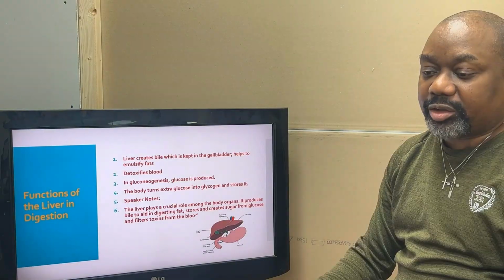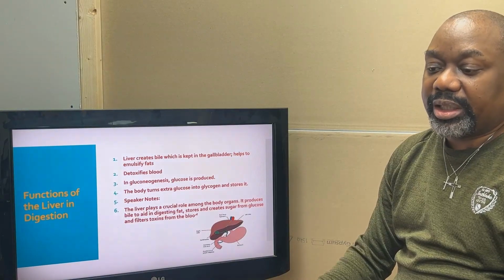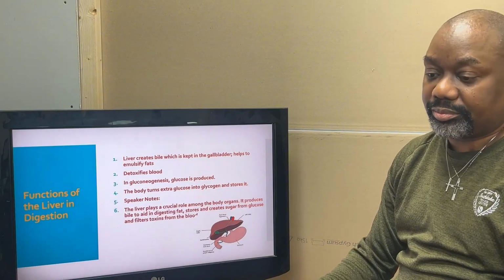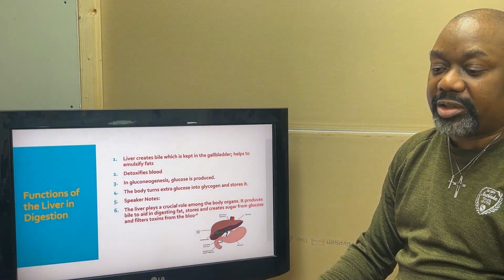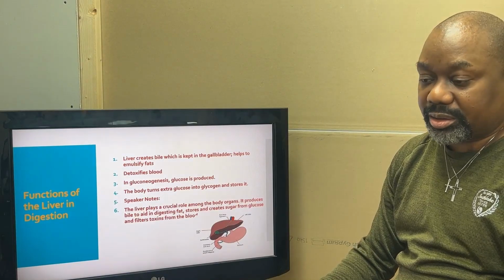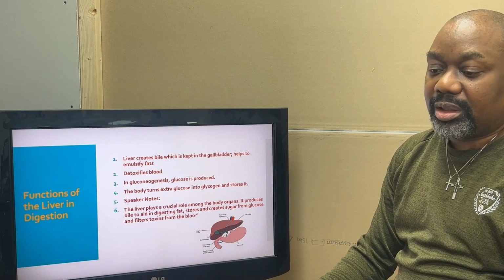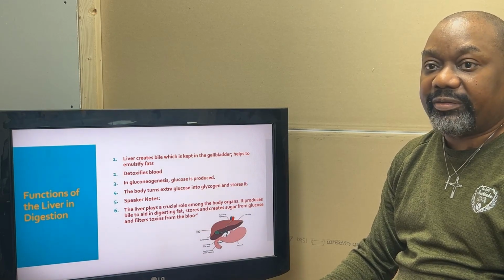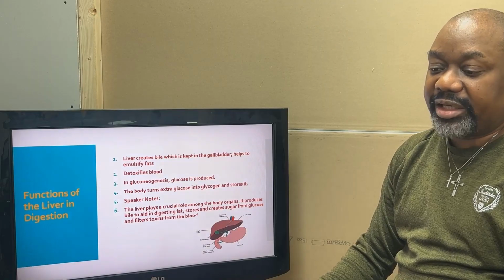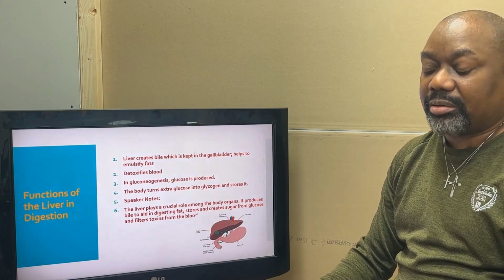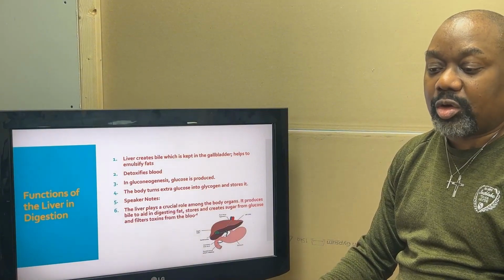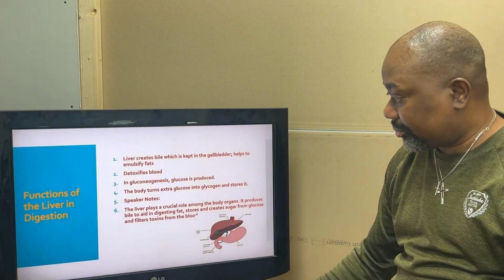The body turns extra glucose into glycogen and stores it. The liver plays a crucial role among the body organs. It produces bile to aid in digesting fat, it stores and creates sugar from glucose, and it filters toxins from blood.